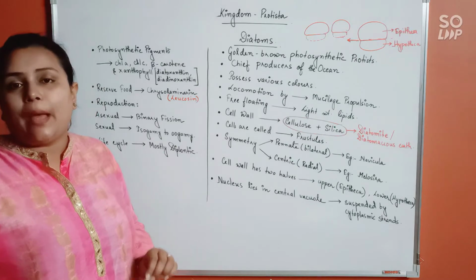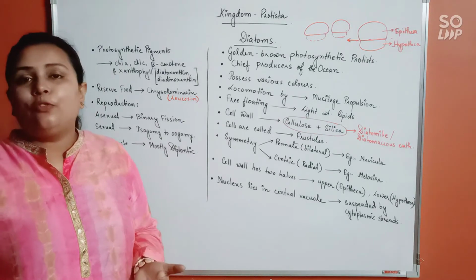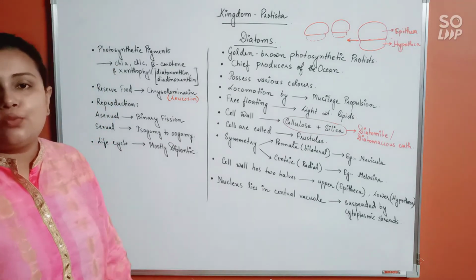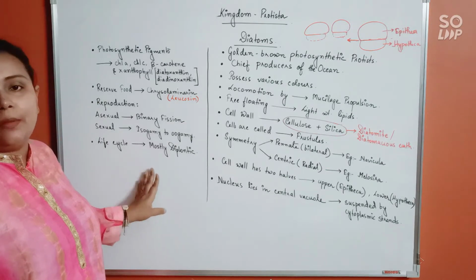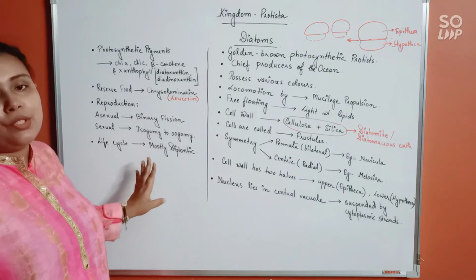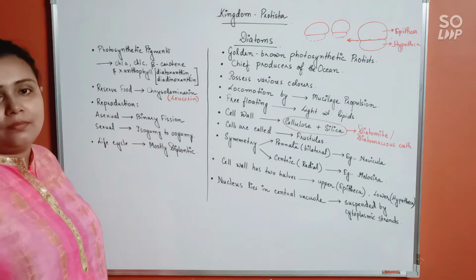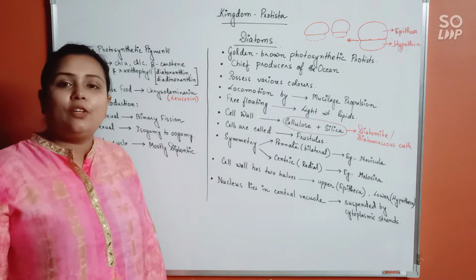So this is another difference. Like in dinoflagellates, you have seen few members show zygotic meiosis, few members show gametic meiosis. But in diatoms, they are mostly diploid. That's why they will mostly show diplontic life cycle and gametic meiosis. Alright, so these are the general characteristics of diatoms.